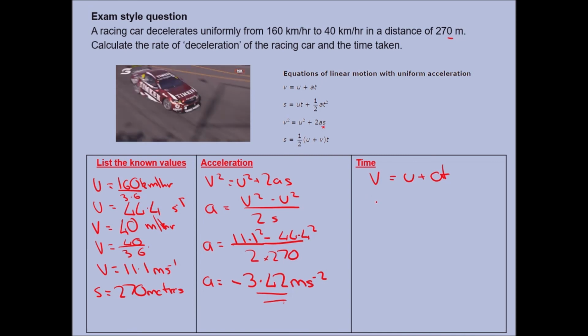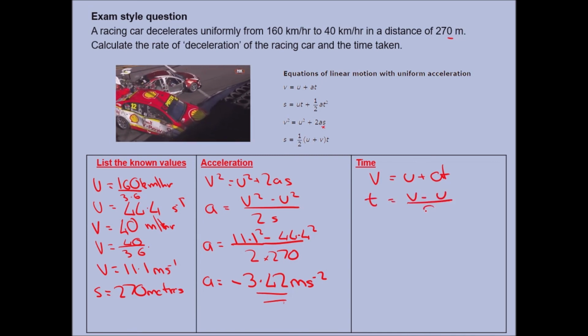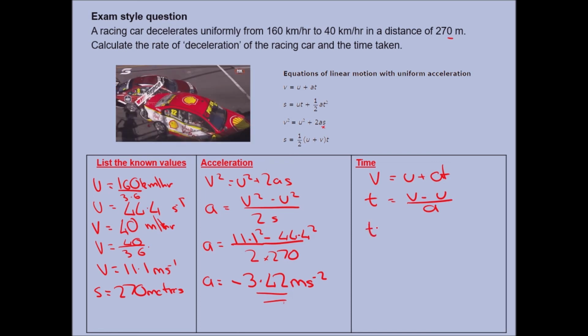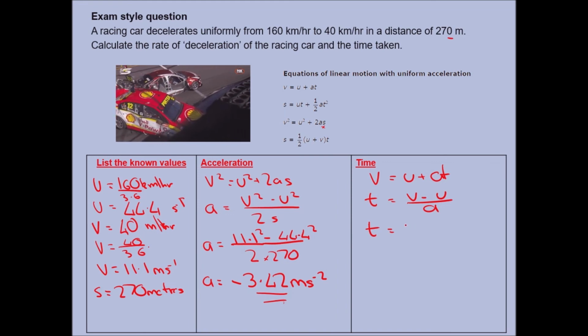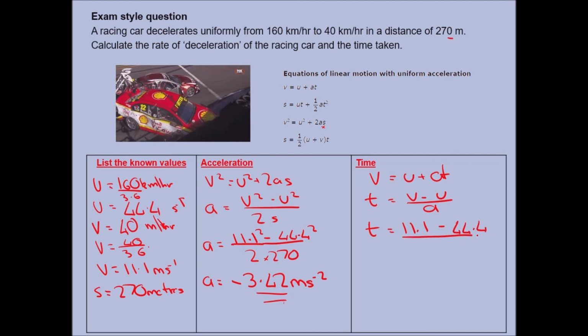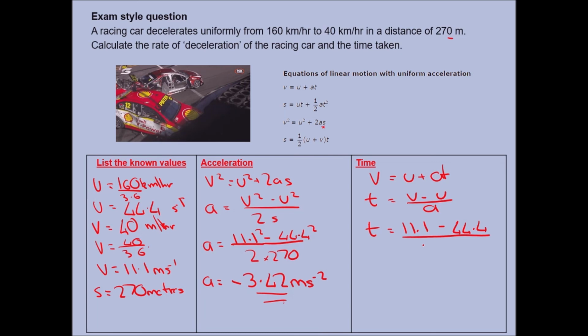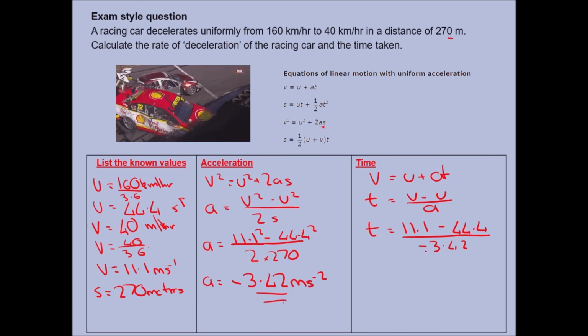We'll rearrange that for T is equal to V minus U divided by A. Going back to my list here, T equals V, which is our final velocity, 11.1, minus our initial velocity, 44.4, divided by, and I'm going to stick my minus in here, 3.42, because as you can see you've got a minus on the top, and this one will cancel out.